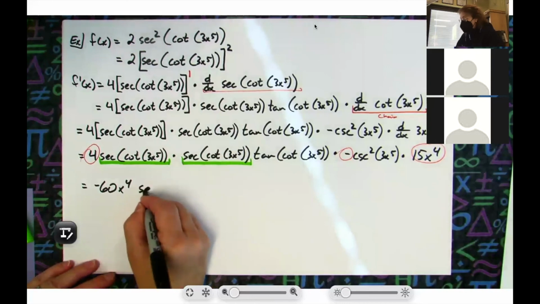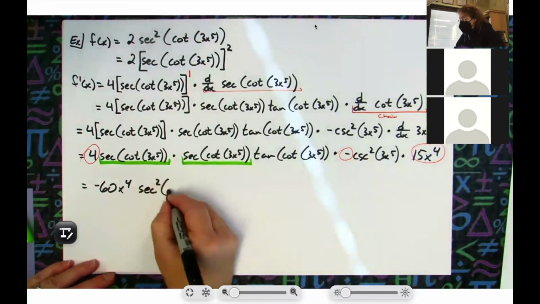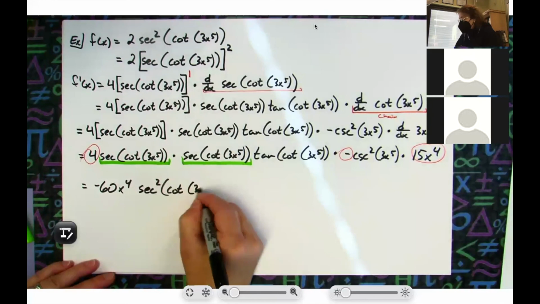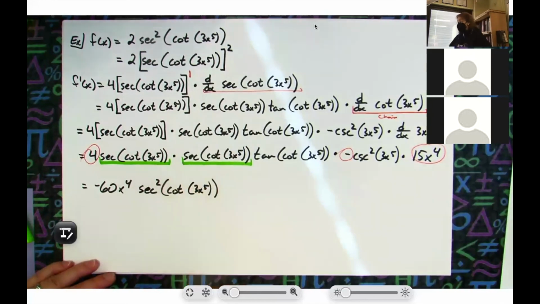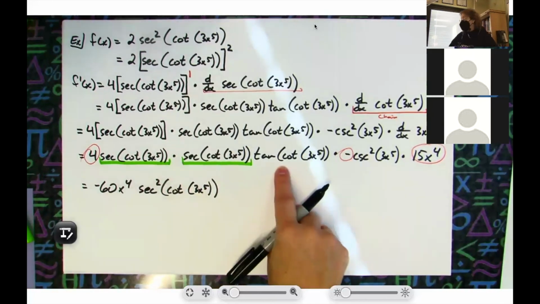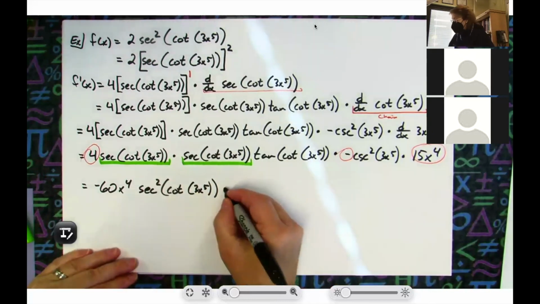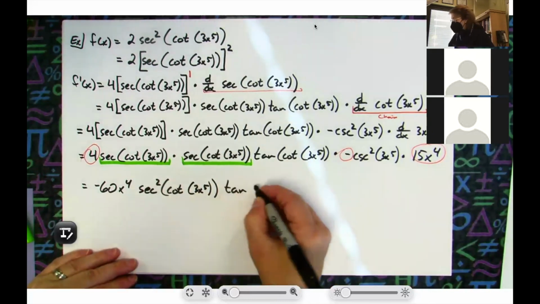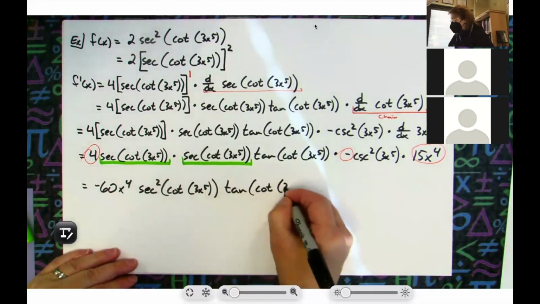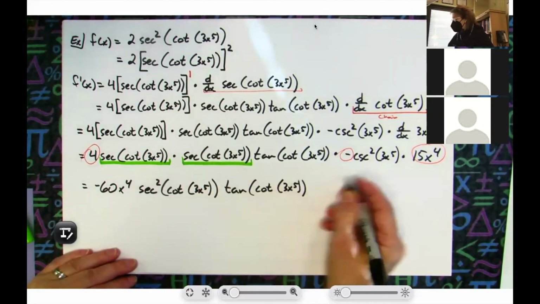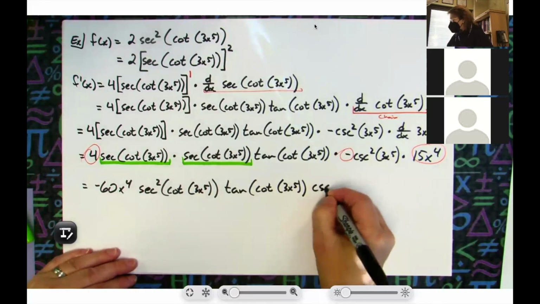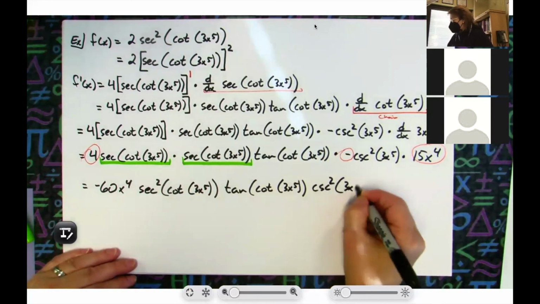So secant squared of cotangent 3x to the fifth. Then I have one tangent function and I have one cosecant squared. So tangent of cotangent of 3x to the fifth. And then I've got the cosecant squared of the 3x to the fifth.